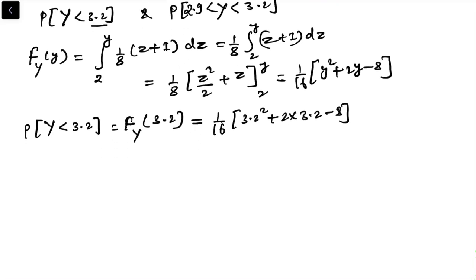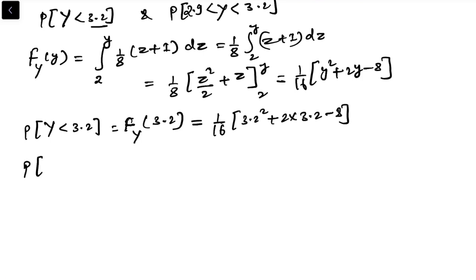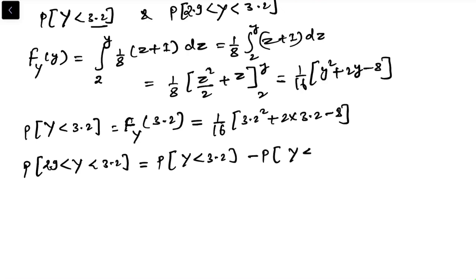Now let's look at another probability, where y is greater than 2.9 but less than 3.2. I can separate this: it is the probability y is less than 3.2 minus the probability y is less than or equal to 2.9, right? This is how I can break this probability.